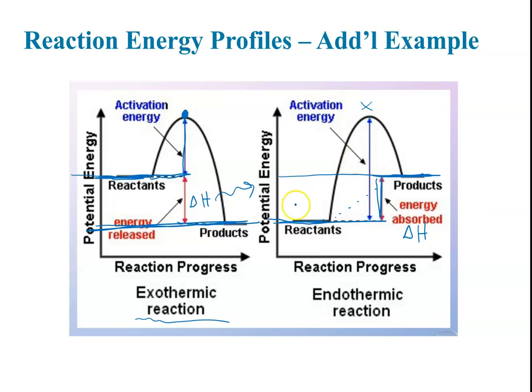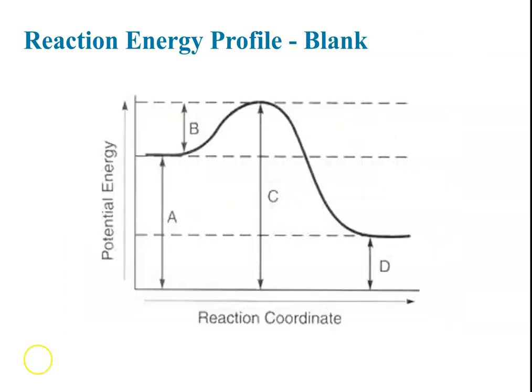And again, just like any endothermic or exothermic reaction, these reactants are going to have to collide, and they're going to have to collide to get to the top of this activation energy barrier. And so again, the activation energy is the difference between the reactant potential energy level and the potential energy at the top of this activated complex peak. So that would be the activation energy for this reaction.